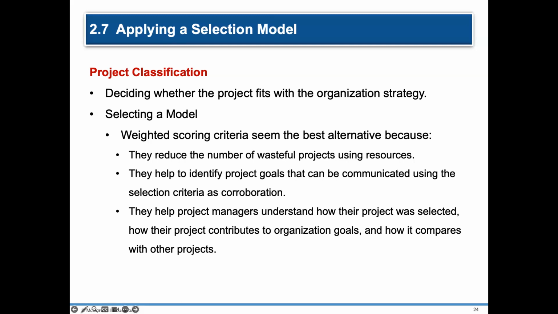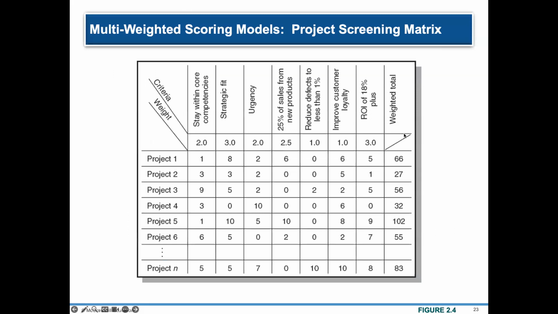First, because they reduce the number of wasteful projects using the resources, because you already know these projects with low scores, you don't have to implement them because you already know that this would take and waste a lot of resources because it's not completely aligned with what you want to do with your company, but still you're implementing them. So it's such a waste of time and resources.